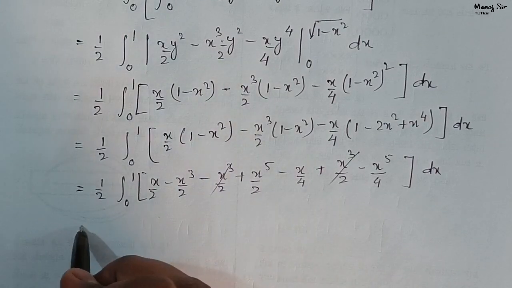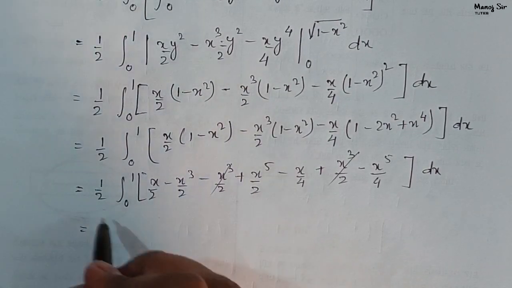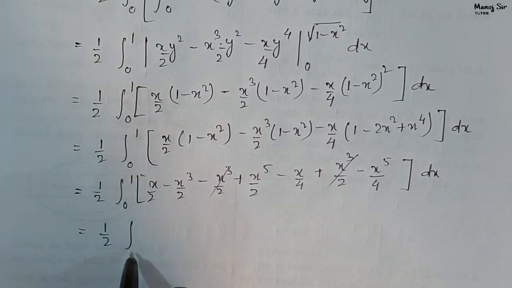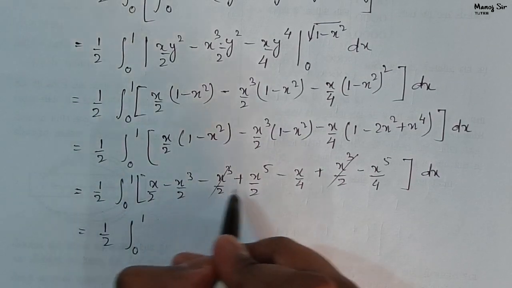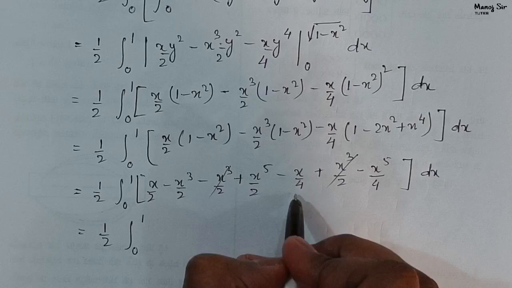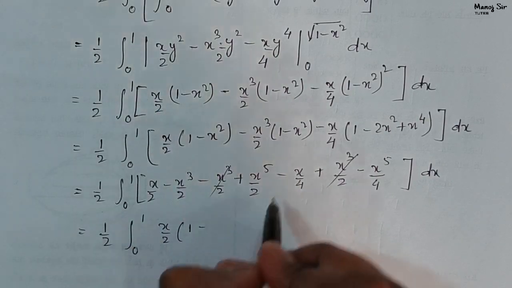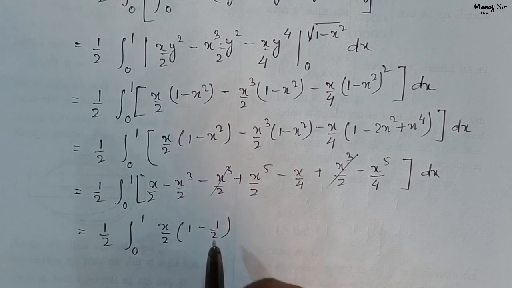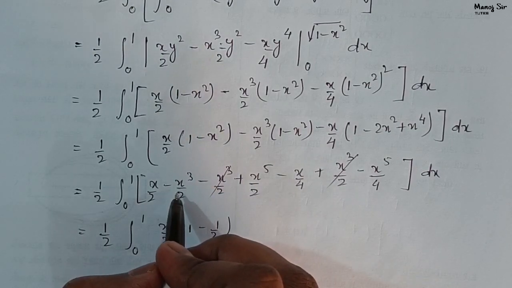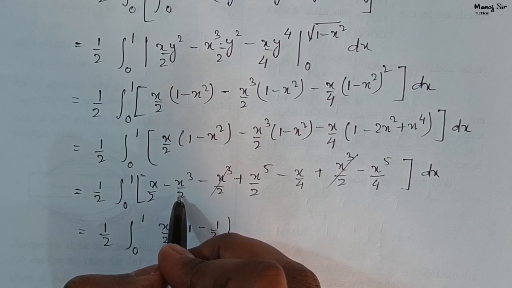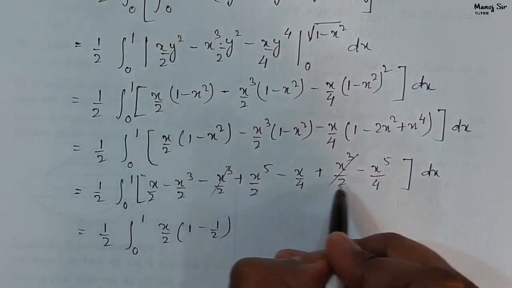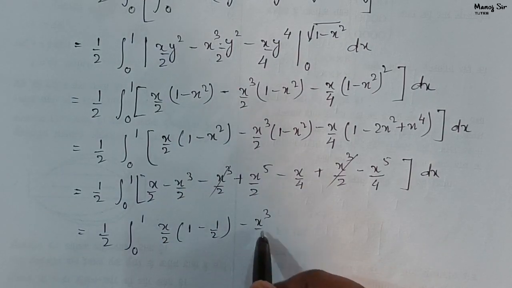What is left? Integration 0 to 1. Here we have x upon 2, and here we have minus x upon 4. If we take x upon 2 common, here we have 1 and here we have minus half. In the same way, here we have minus x cube upon 2.